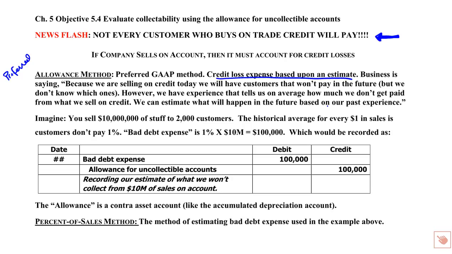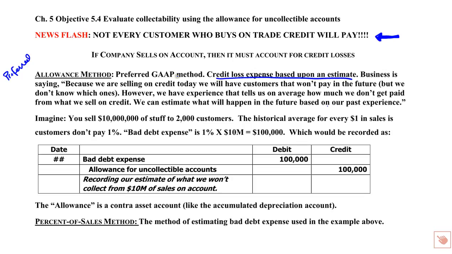But businesses do so much business on credit terms with trade credit that they have experience that tells them on average what to expect for a credit loss. So the minute that they book business on credit, they know they're going to lose some money due to credit losses.